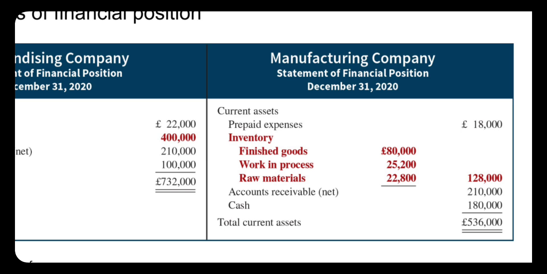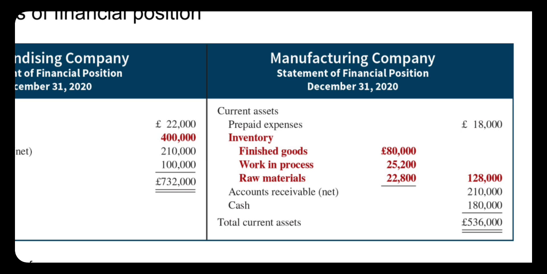If you prepare a balance sheet for a manufacturing business, the inventory comes in three types: finished goods inventories, work in process inventories, and raw material inventories.